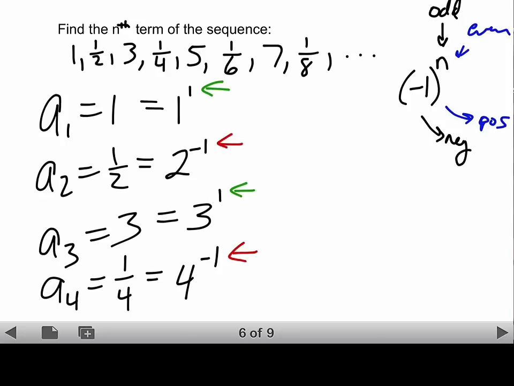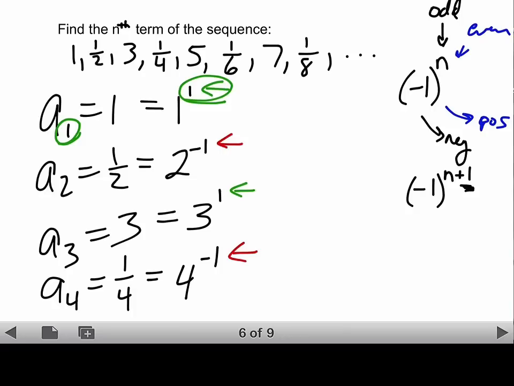So what I have is positive exponents when the index is odd, which means instead of negative 1 to the n, say n plus 1. We could write that as n minus 1, because what the 1 is doing, n plus 1 or n minus 1, is changing the nature, even versus odd, of the exponent.